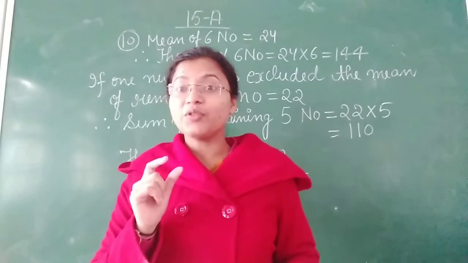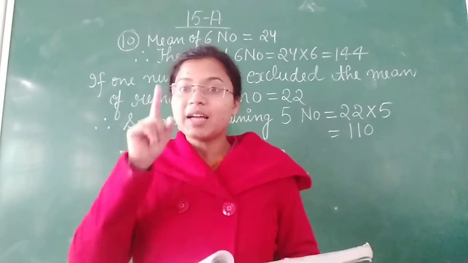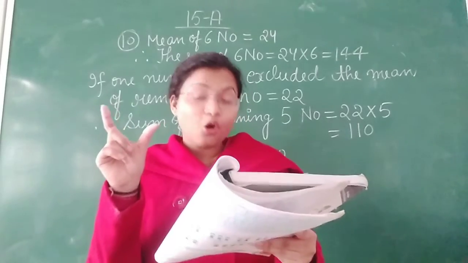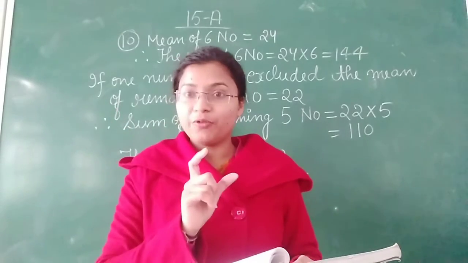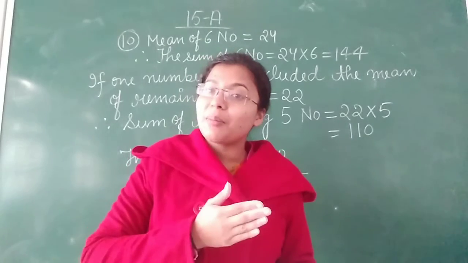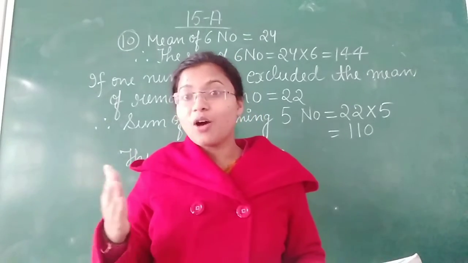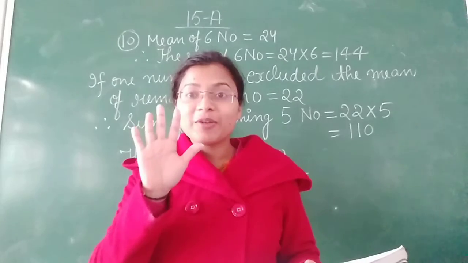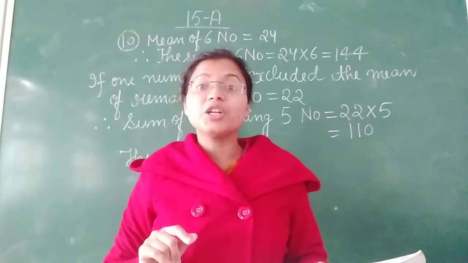You have to understand this carefully: the first line says the mean of 6 numbers is 24. If one number is excluded, now we have 5 numbers, and the mean of those 5 numbers is 22.